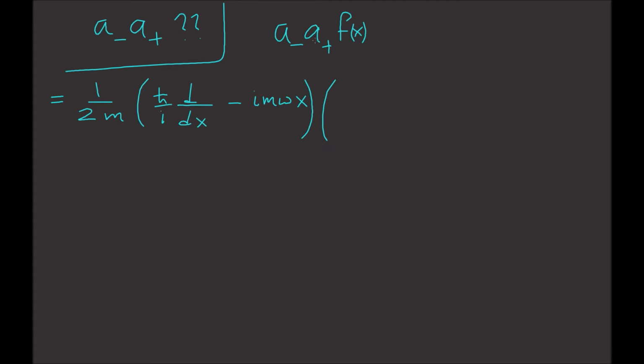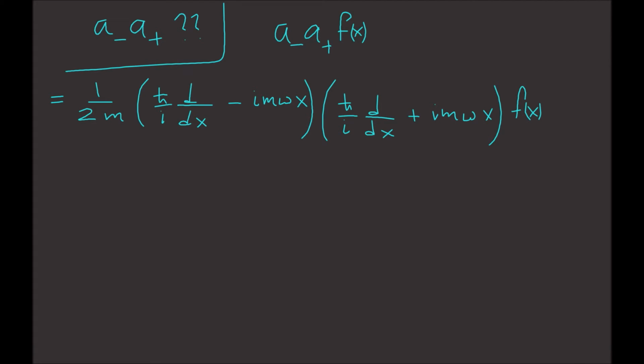Then we have the a plus piece, which is the same, but there's a plus here instead of minus: h bar over i d dx plus i mass omega x, times f of x.